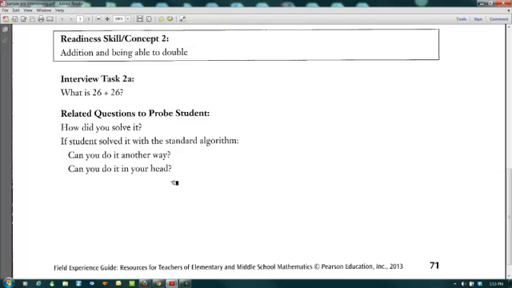Can you do it in your head? These last two questions get at more of their concept understanding, because if they were to answer no to these, you'll know that their knowledge is relatively fragile and that they know how to do the procedure, but they don't necessarily know why they're doing the procedure the way they are.